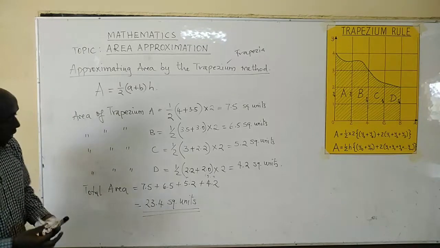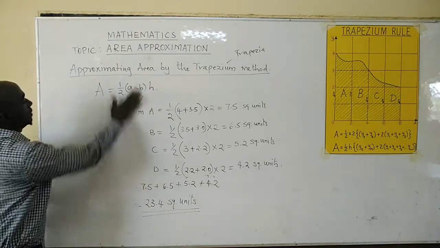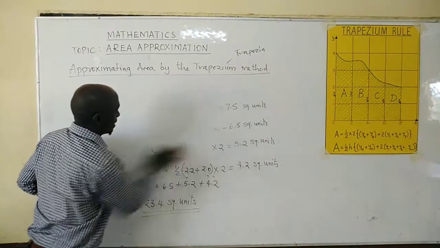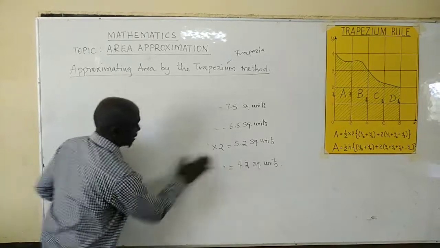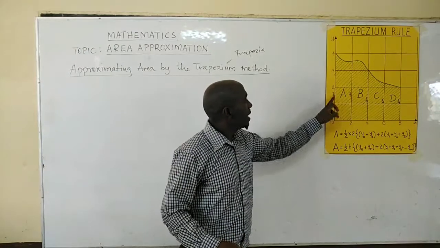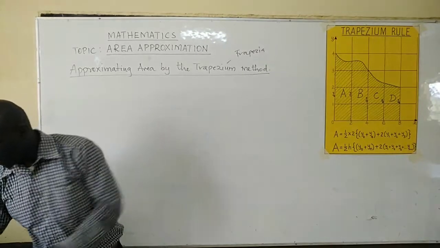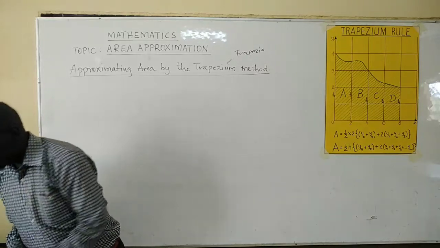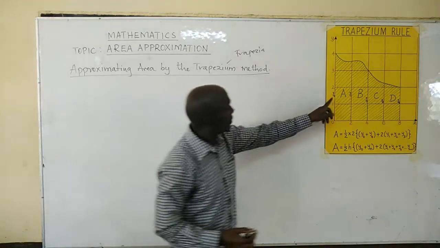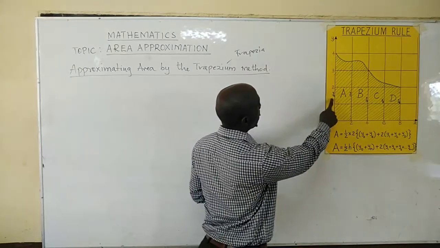Now, I want us to look at something. I want us to come up with a formula, because that is a long way of doing it. There is a shorter way of doing it. Let us assume the first parallel side of the first trapezium is y0, y subscript 0, this length.